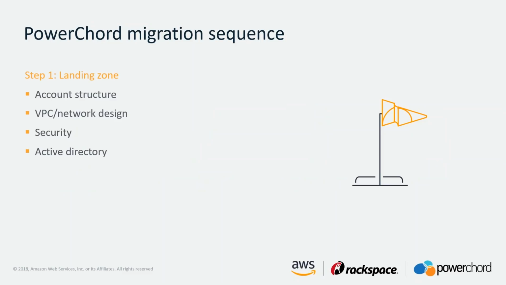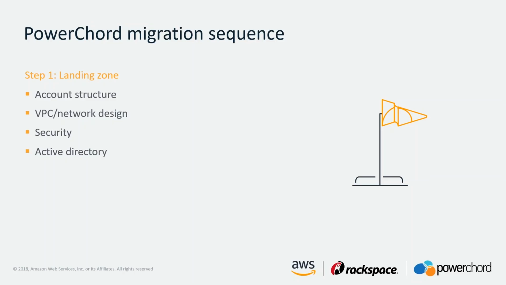And a landing zone, as AWS describes, is really a baseline environment that encompasses account strategy, network design, foundational security, and then you can incorporate things like identity and directory services. So at this stage, we might work with you to identify how we want to set up the account structure and map that to VPCs.